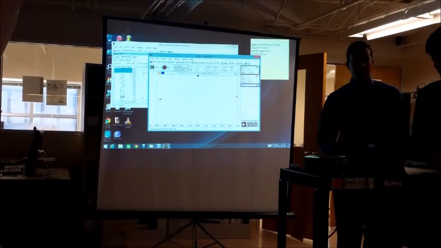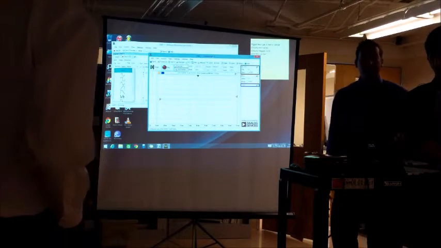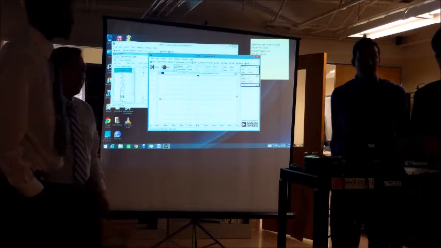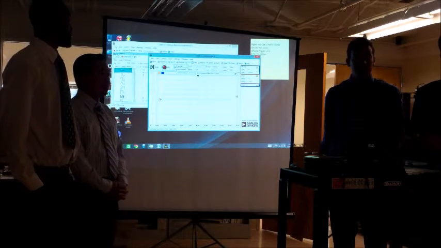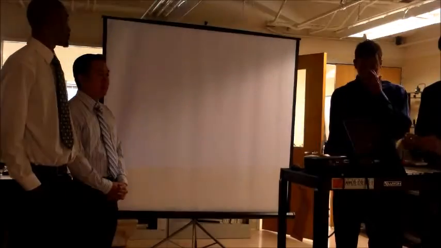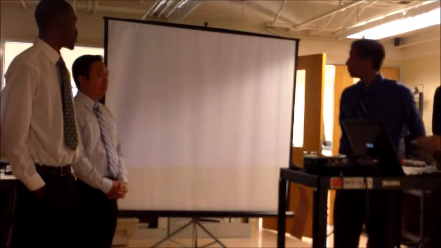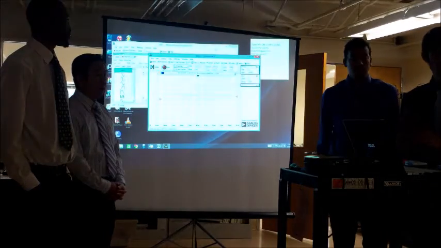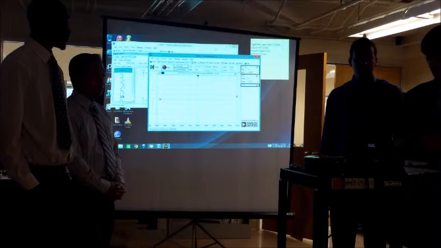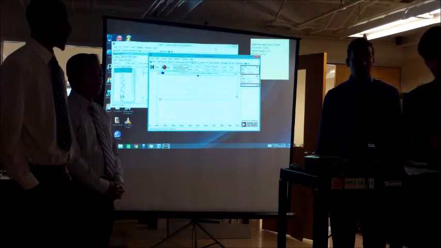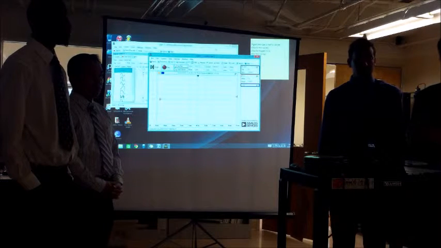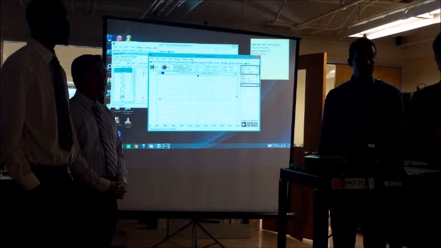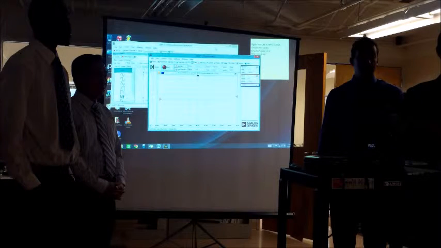So this demo is going to explain the use of the leftover part. Our leftover part that we got was the photo sensor from the senior design lab, and this will detect the amount of light going in. We can take this sensor along with the camera and the other sensors and hook them to the Arduino microcontroller.